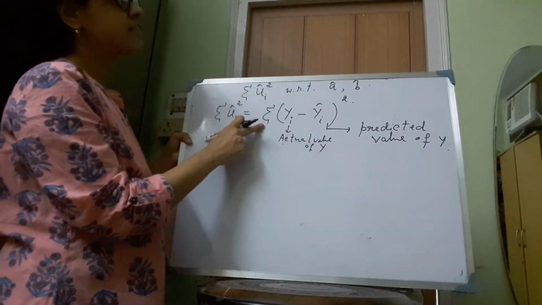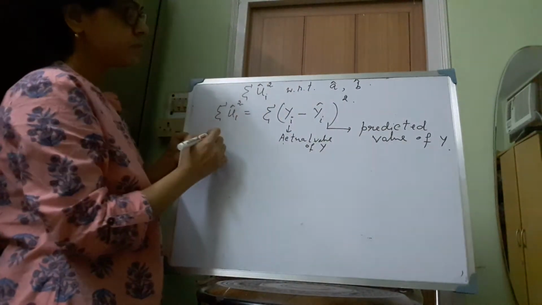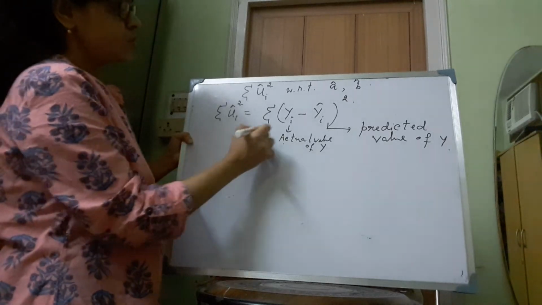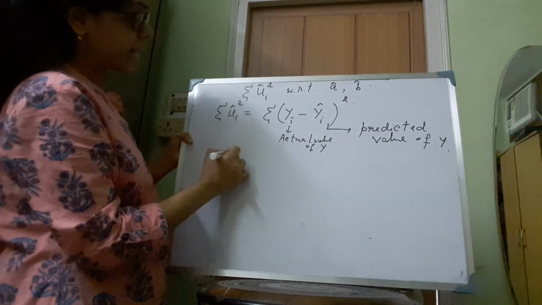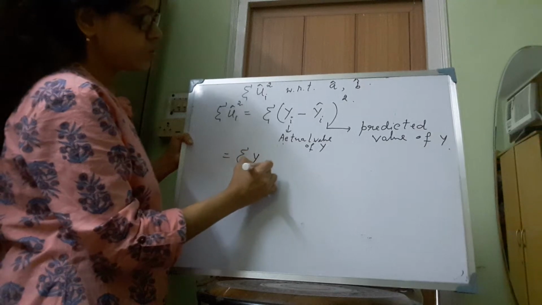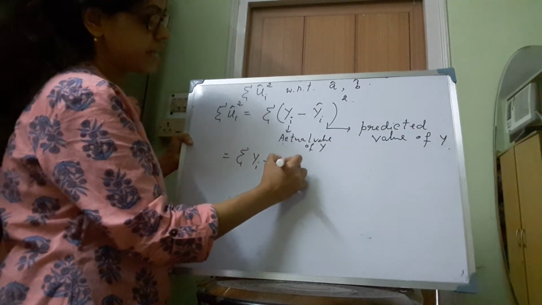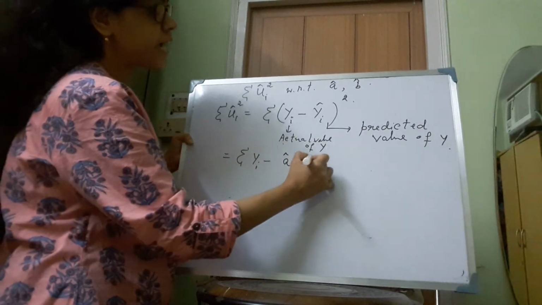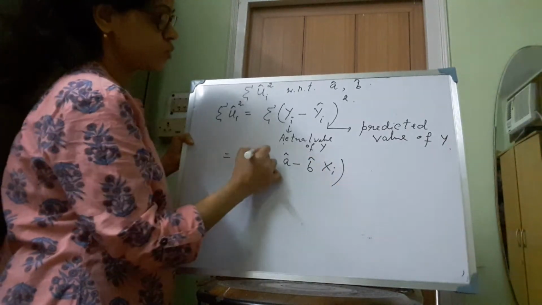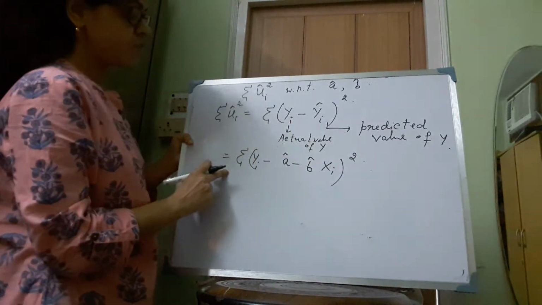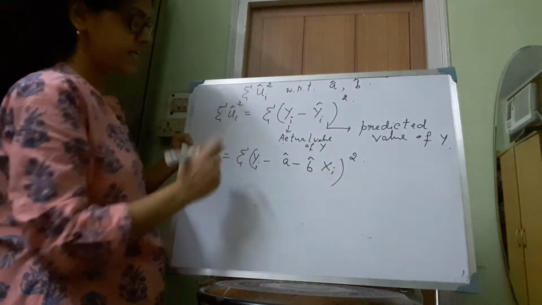Now we have to minimize this with respect to a hat and b hat. So in place of yi hat, I can write yi minus a hat minus b hat xi whole square. Now I have to minimize this with respect to a hat and b hat.